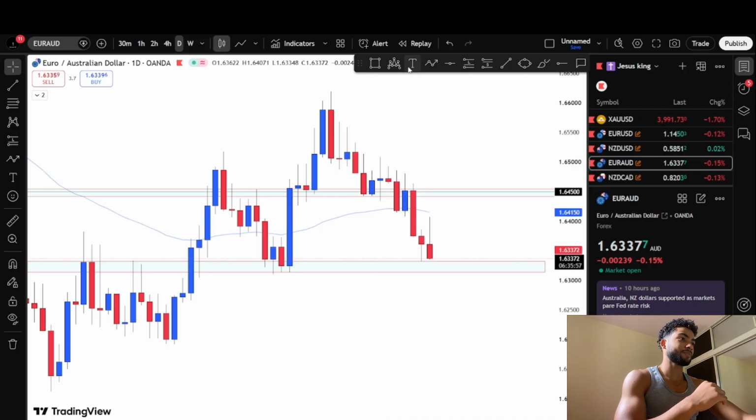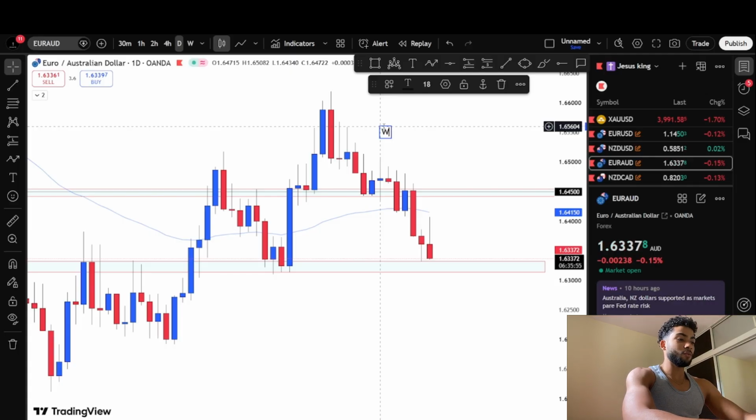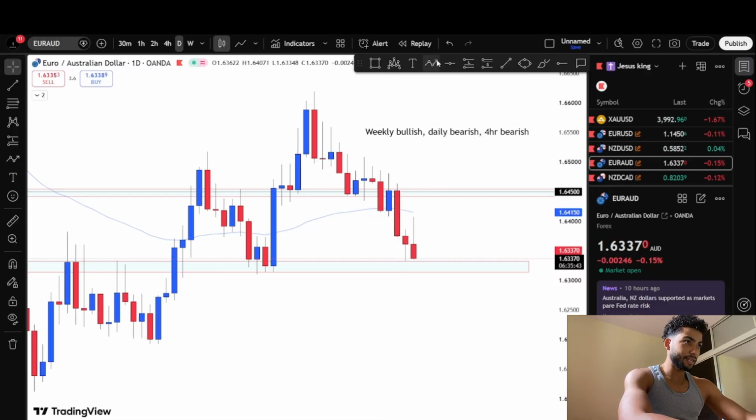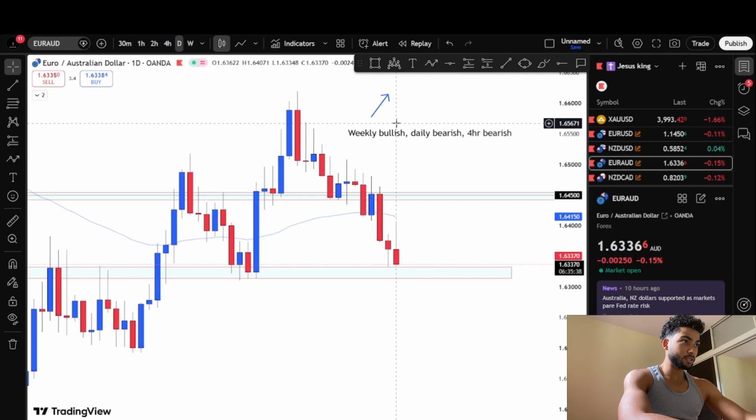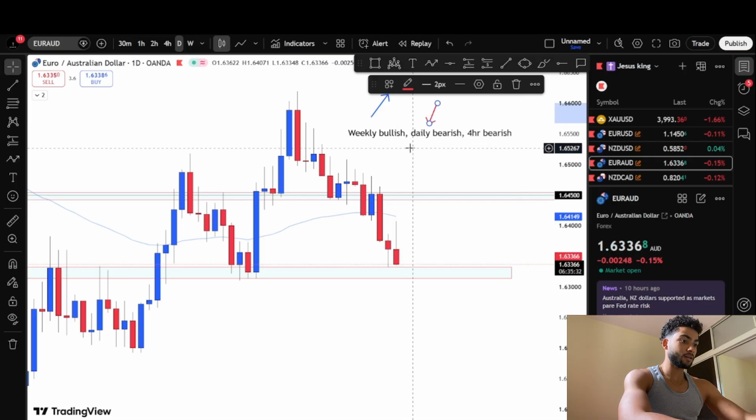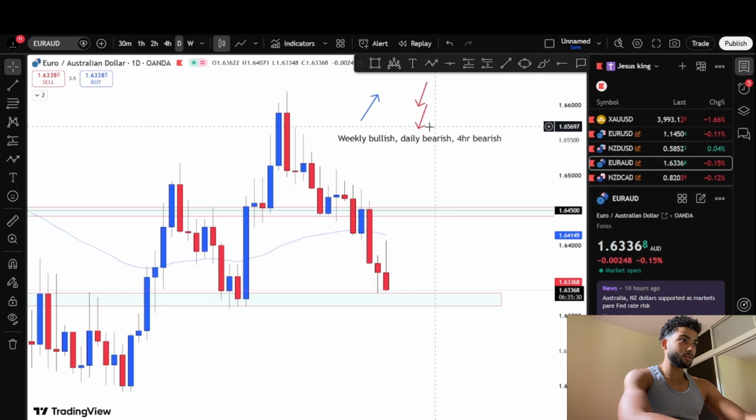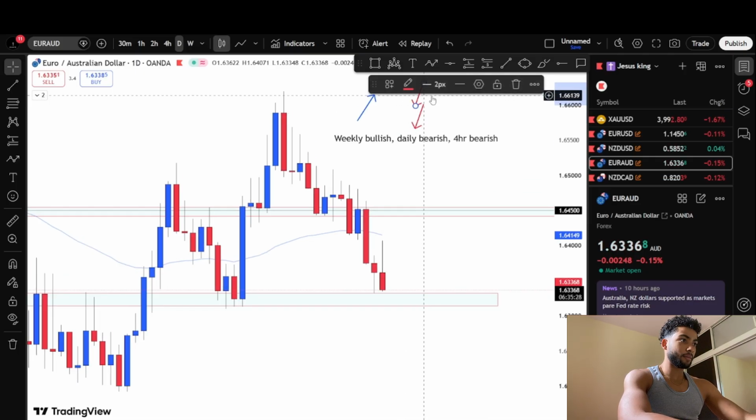For example, if I have weekly bullish, daily bearish, and 4 hour bearish, I have the weekly bullish, I have the daily bearish. Let me change the color, and I also have the 4 hour bearish.